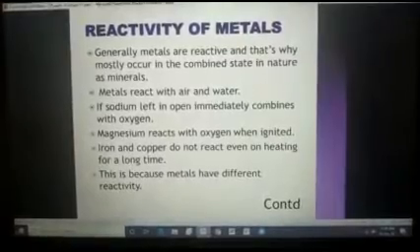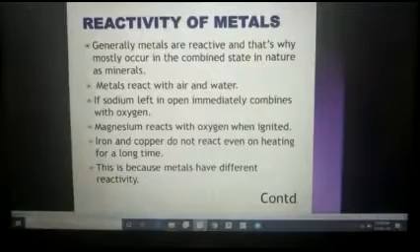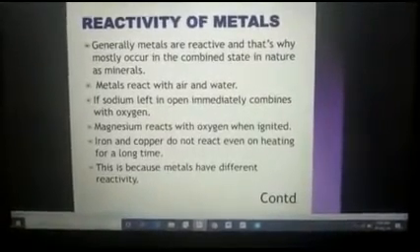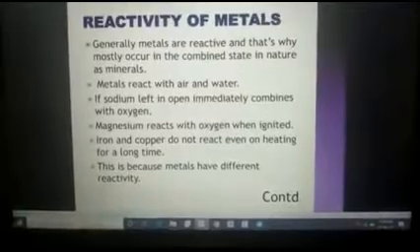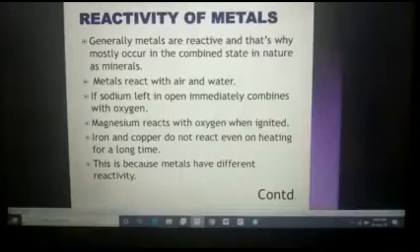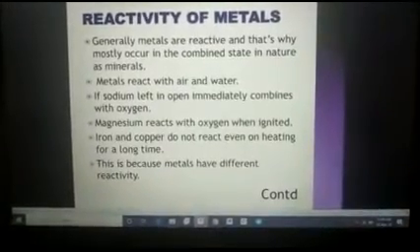Now the next one is magnesium. I think everyone has burned a cracker. Yes, when we burn a cracker, what happens? We have to ignite it. We have to provide some fire to that cracker. Then only will it burn or burst.